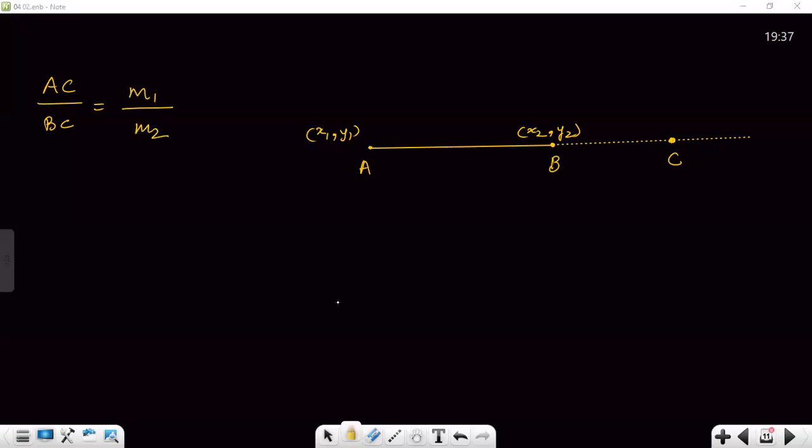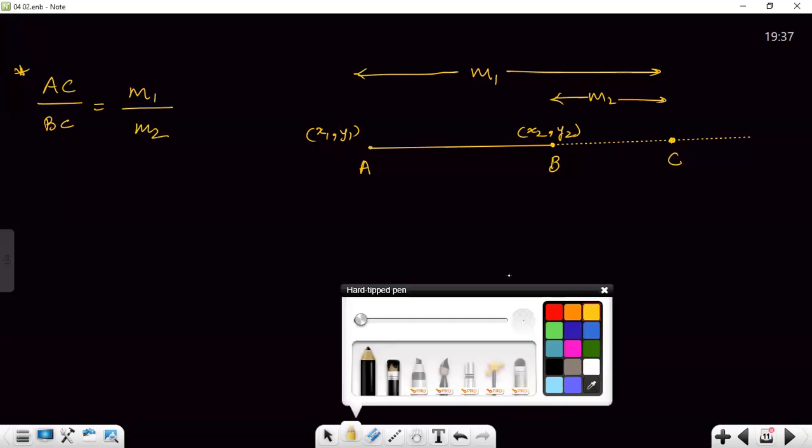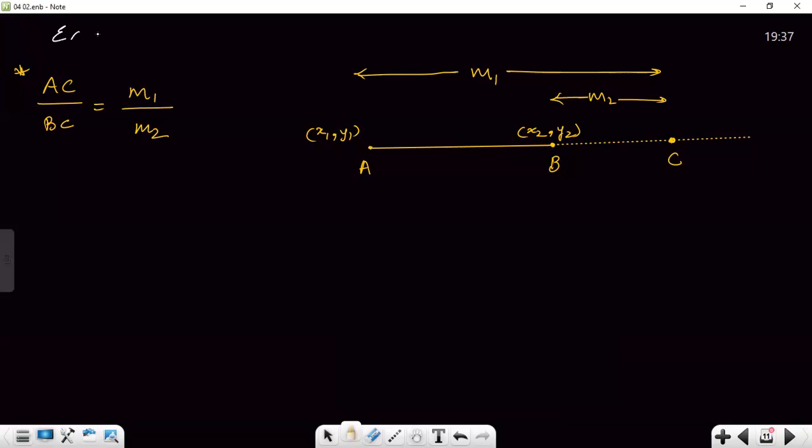Remember, students often get confused here about the ratio, m1 and m2. This is known as the external division.